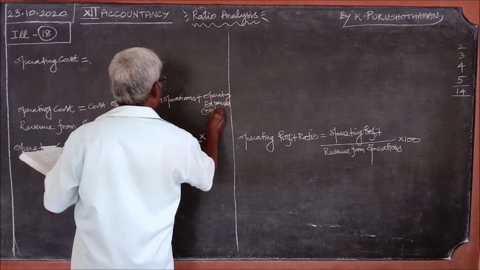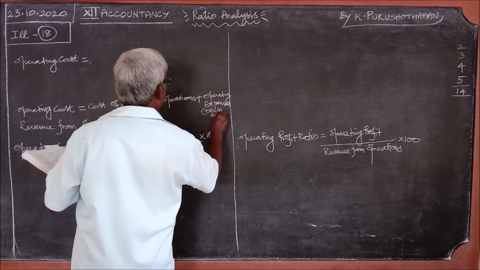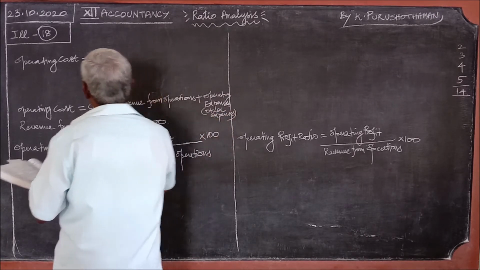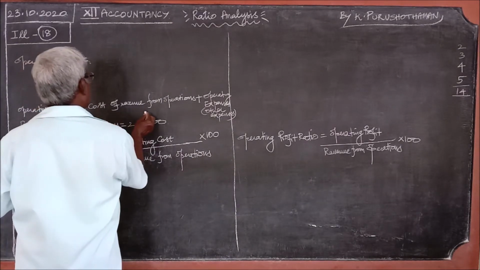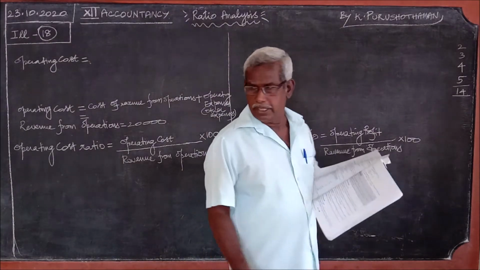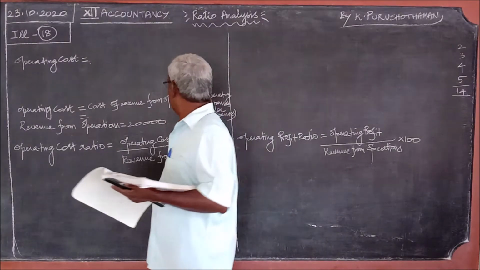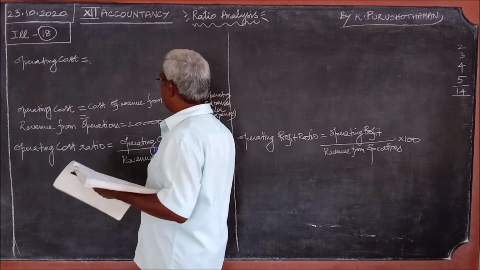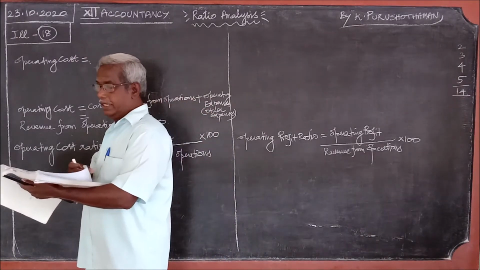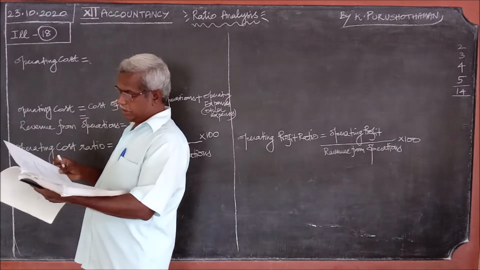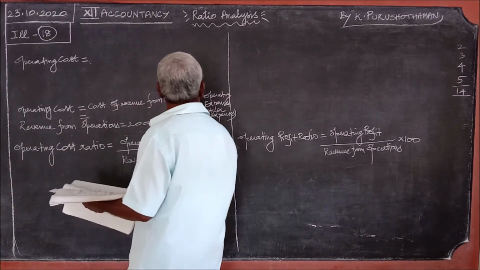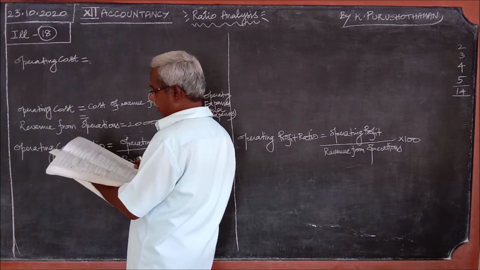Here in this problem it is other expenses. So we should know the cost of revenue from operations, and after that we can find the operating expenses. Other expenses are given, we can write it there itself. Other expenses, it is given 2,400, it is nothing but the operating expenses.